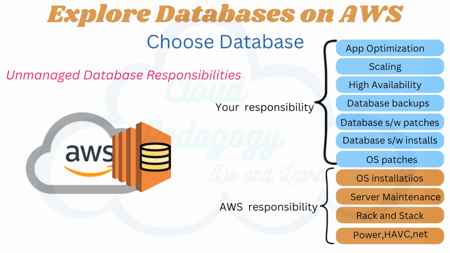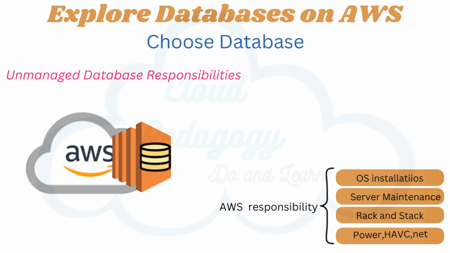In the unmanaged database, let's say you want to lift some of this work to AWS by running your relational database on Amazon EC2. If you host a database on Amazon EC2, AWS takes care of implementing and maintaining the physical infrastructure and hardware and installing the operating system of the EC2 instance.